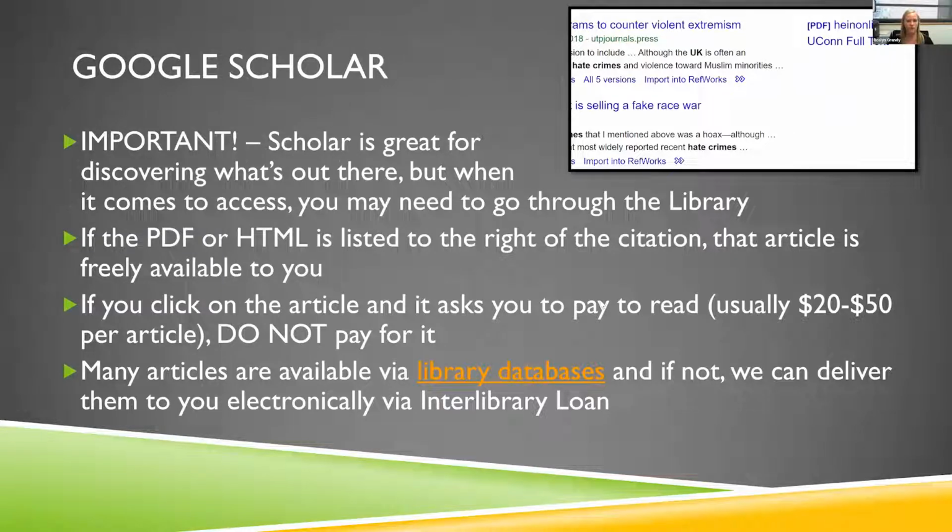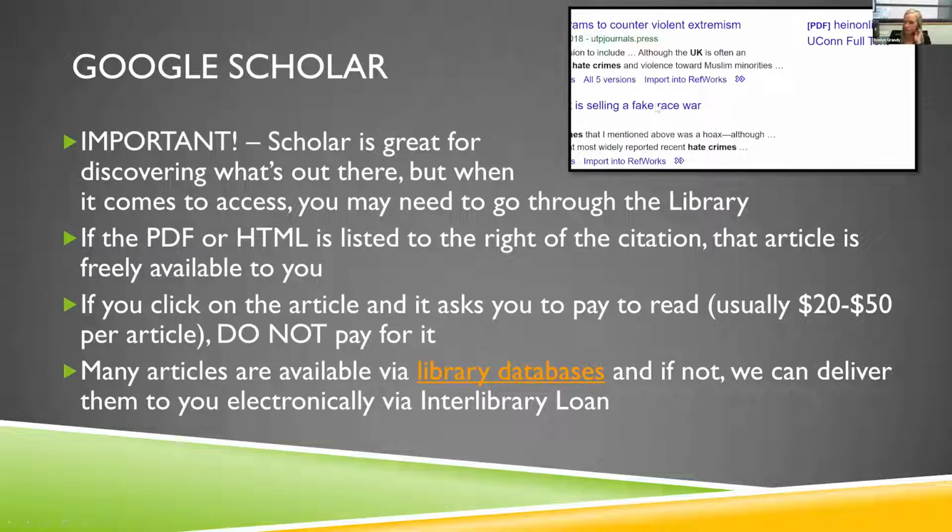So it's great for discovering what is out there on a given topic, but as far as getting access, you may need to go through your library. This one is available to the general public because it has this PDF link. If you are on campus or if you've set up your Google Scholar to integrate UConn library resources, this one will show up. But here, there's no access link.